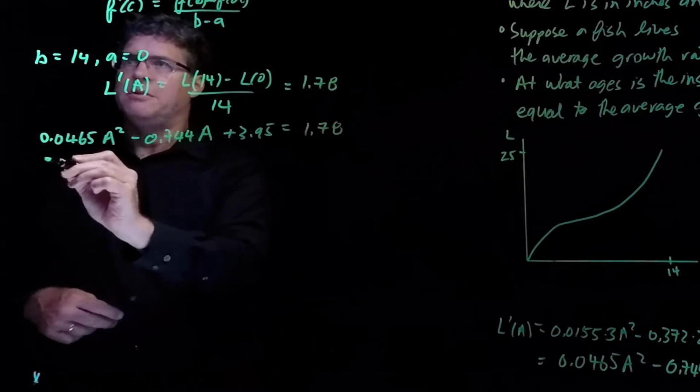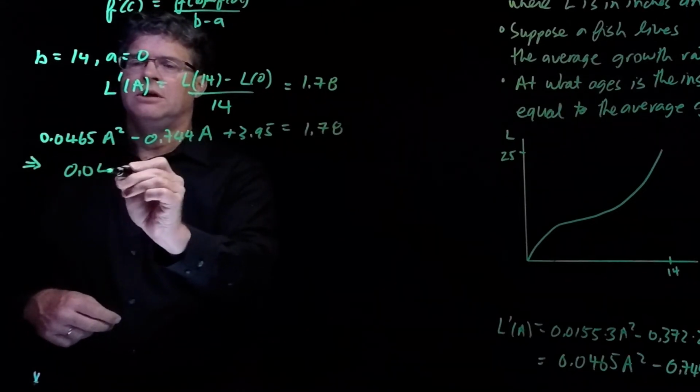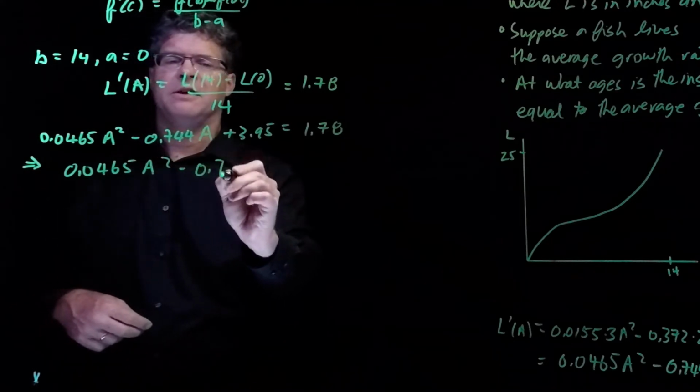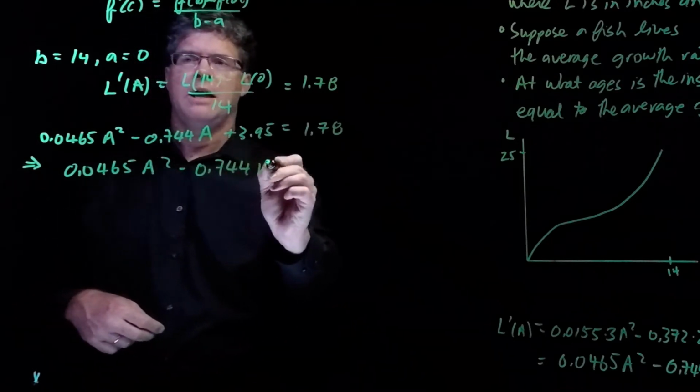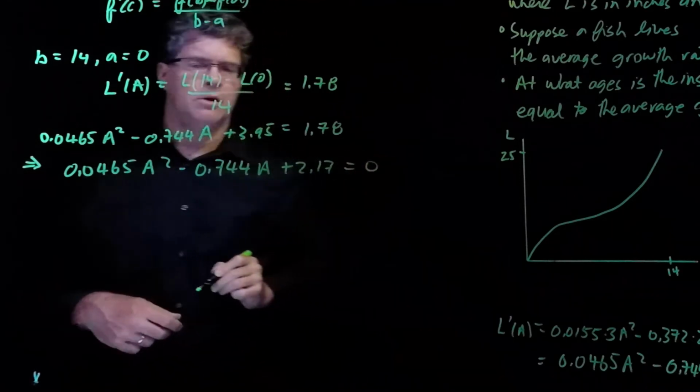Then we can subtract 1.78 from both sides to get 0.0465 a squared minus 0.744 a plus 2.17 is equal to 0.